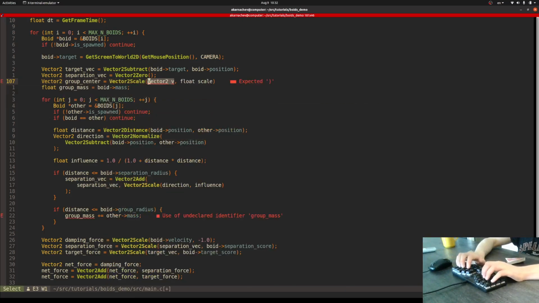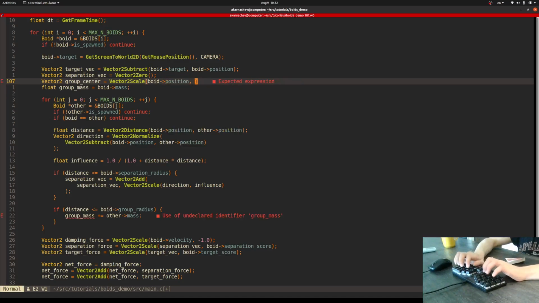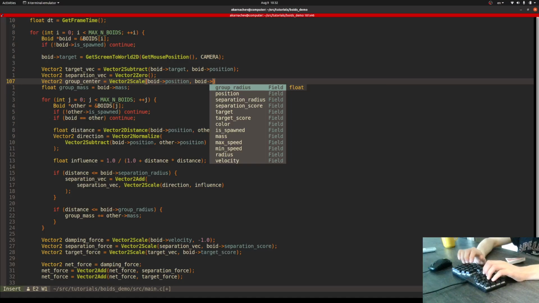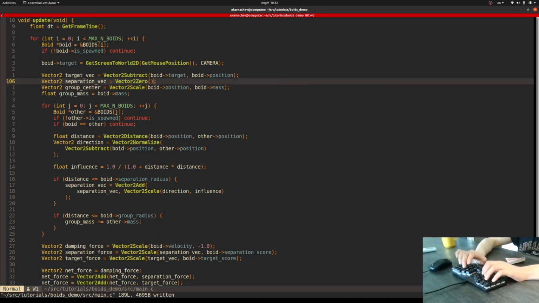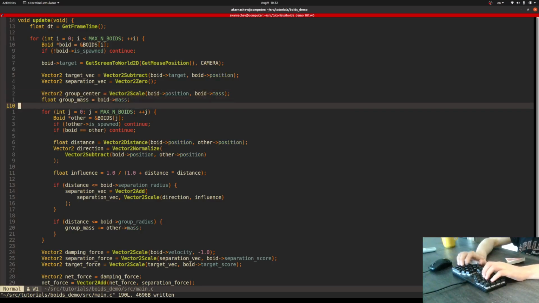Let's set it to vector 2 scale my position, Boid position, scaled by Boid mass. So basically I will compute group center like average value of all Boid's position in the group scaled by their mass divided by the total mass of the group. Group center, group mass.